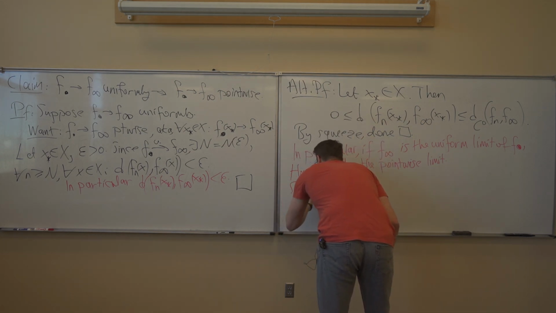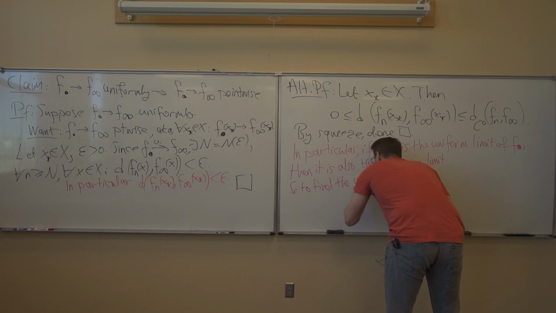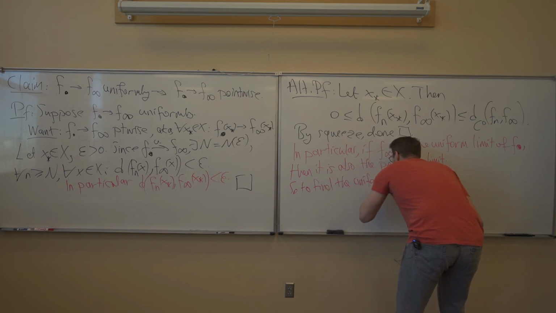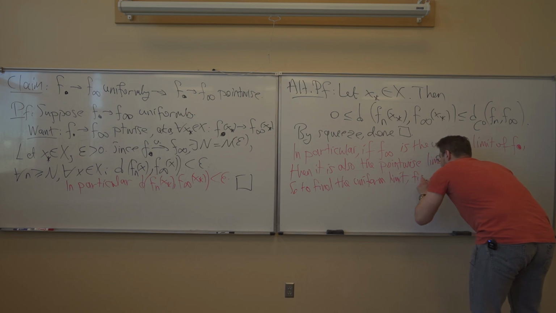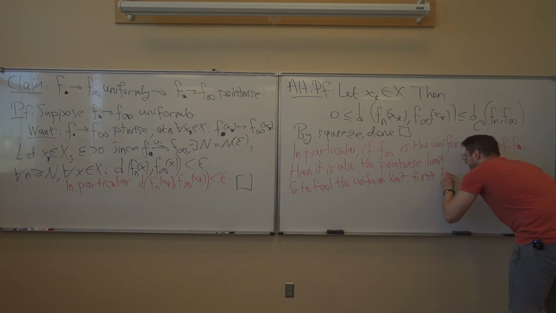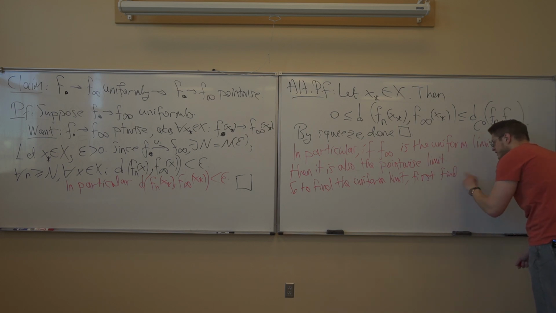So to find the uniform limit, first find, it may fail to exist, of course, but that's the first step, is what I'm trying to say. First find the pointwise limit.